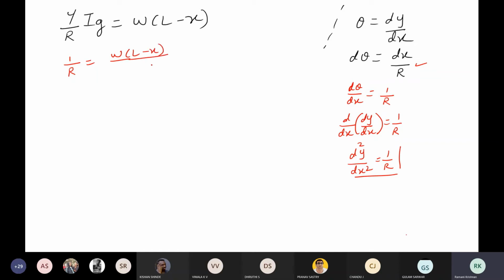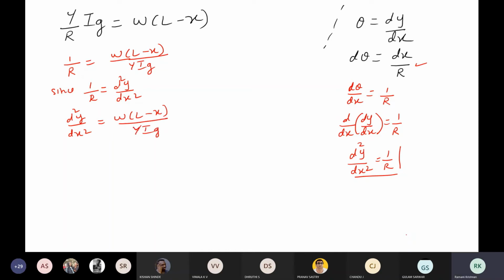Can you see that? I have taken 1 by R. Since 1 by R is equal to d square y by dx square, I'll write d square y by dx square is equal to W (L minus X) by Ig.